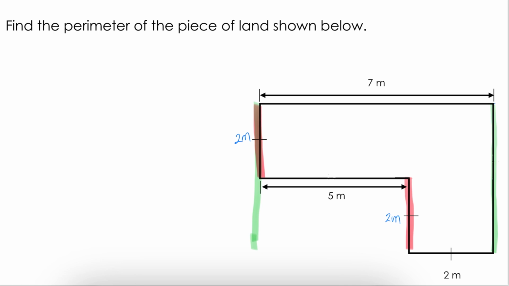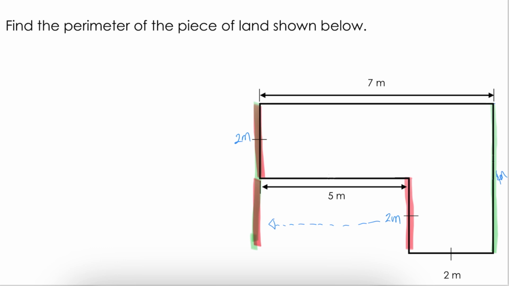So just imagine this red line being moved towards that green line. You would actually have the same length. So with that, I know that the green line on the right side is actually the sum of these two 2 meters. So this green line is actually 4 meters in length. So we already have all the sides, and we will just be adding all of it.